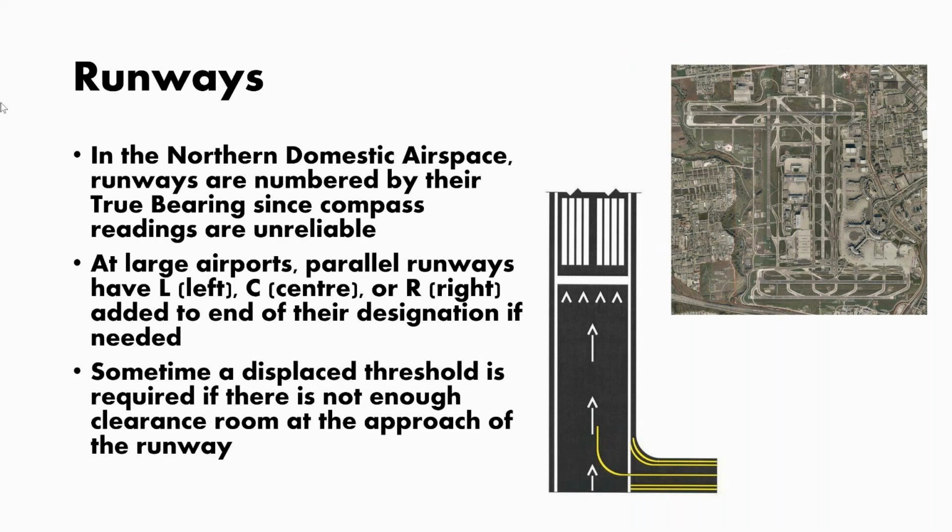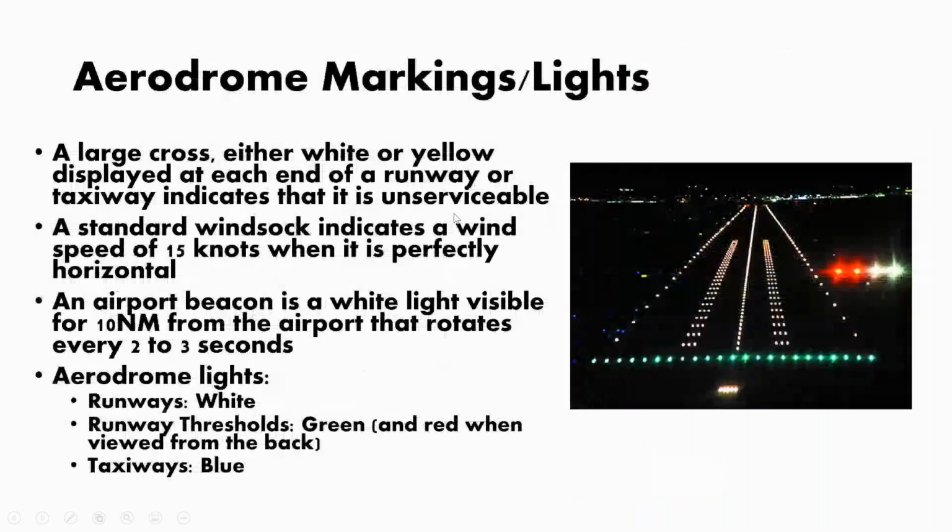Those barcode looking white lines are where you're actually allowed to land. The arrows indicate a displaced threshold, where there isn't enough clearance room on the approach side of the runway to land. So there might be two tall trees or something like that.